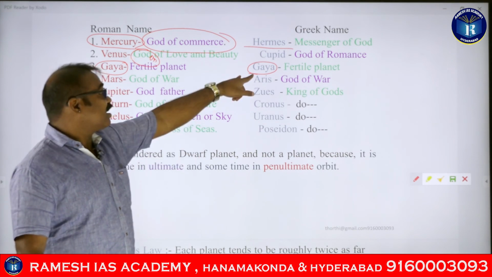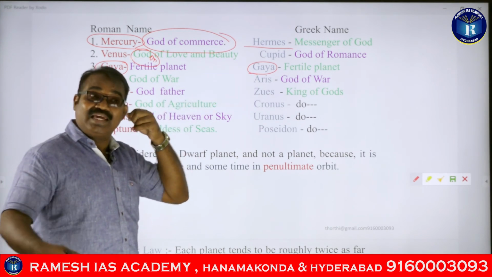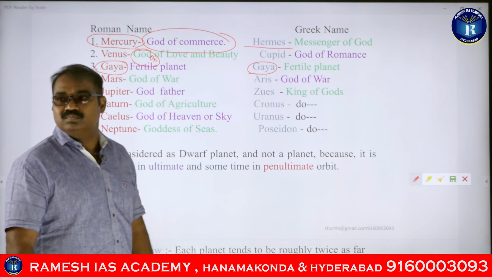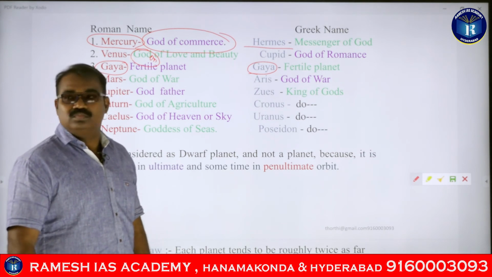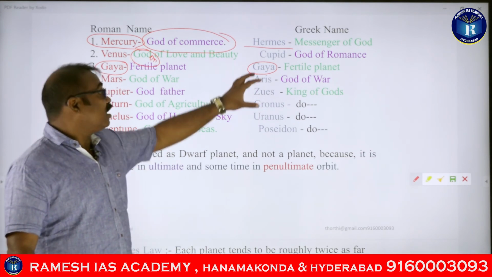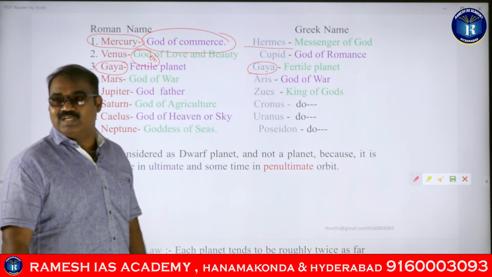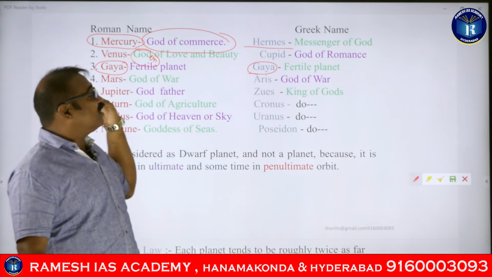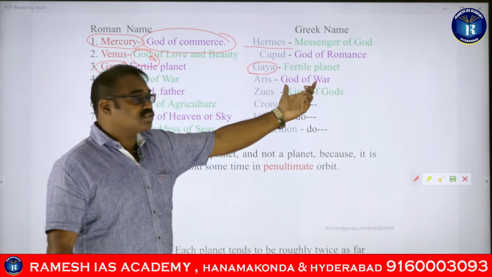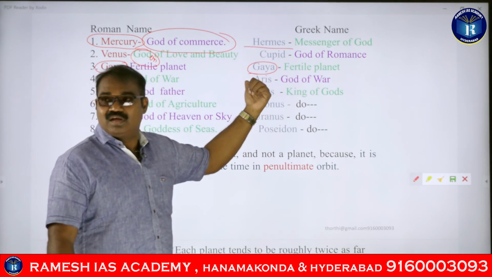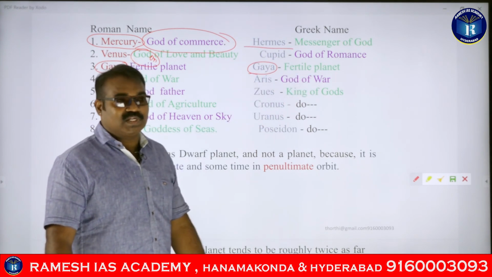Gaia is said to be taken from the Sanskrit word gau, which means cow. The cow is associated with fertility. That is the reason the Earth is also associated with the same word Gaia, fertility.